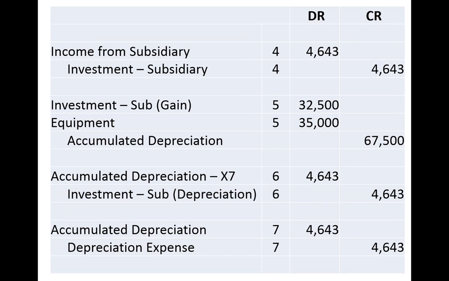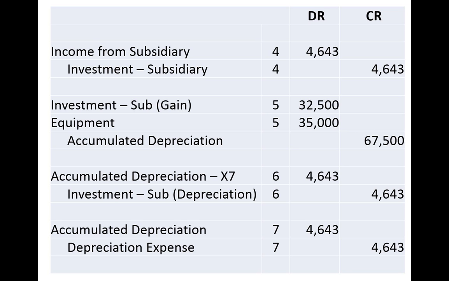So at this point, on the 3-part worksheet, the sub has depreciation of 27,143. The second entry, EJE 5, reestablishes the equipment to 225, reestablishes the accumulated depreciation, and we bring that to the investment sub account.